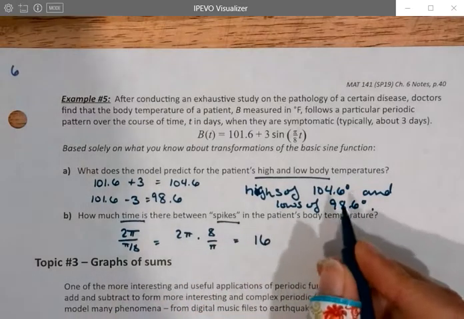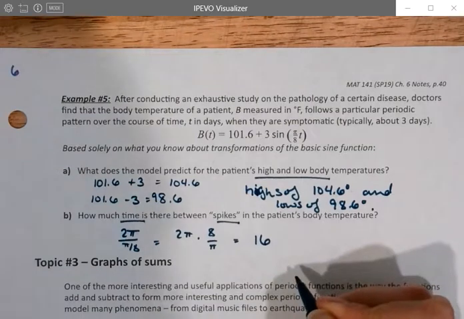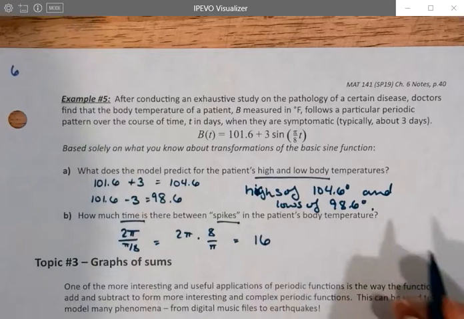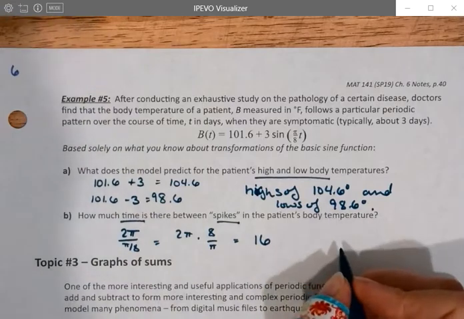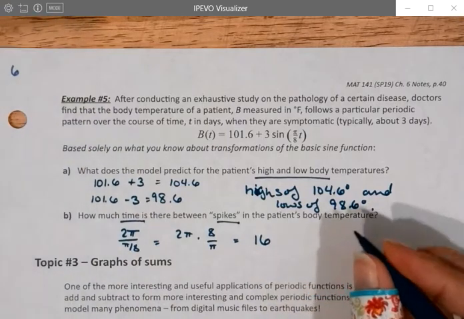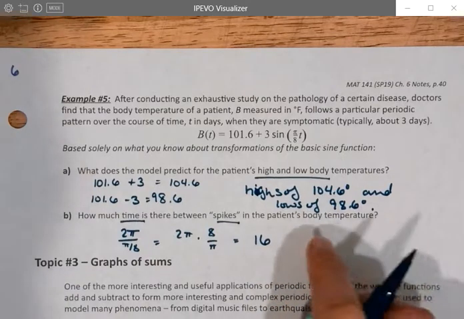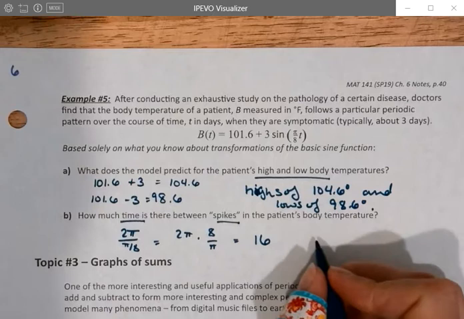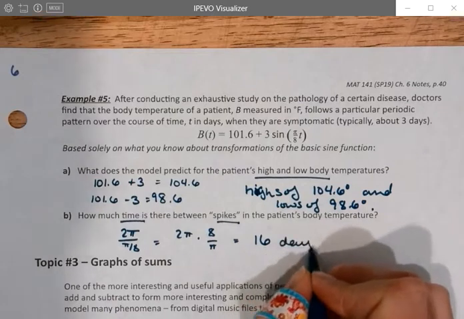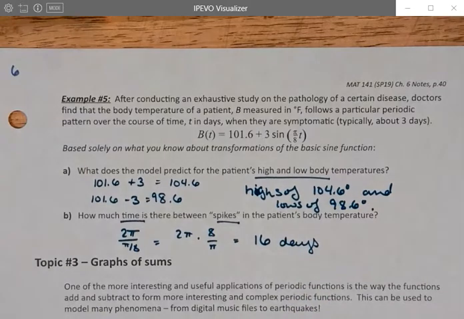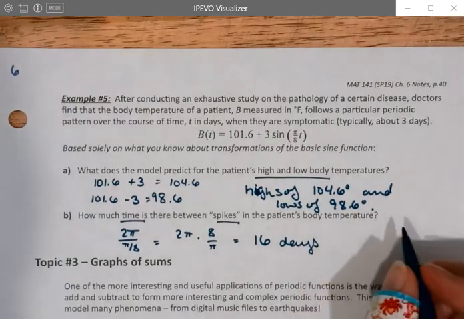And if I check what the units on t are, they're in days, so about 16 days between those spikes of high to low. So 16 days is the period. So if I go from one spike to the next spike, it should take me 16 days.